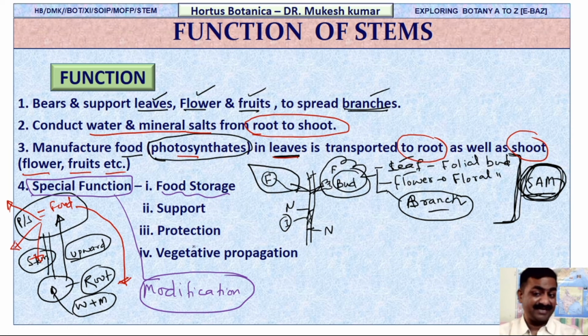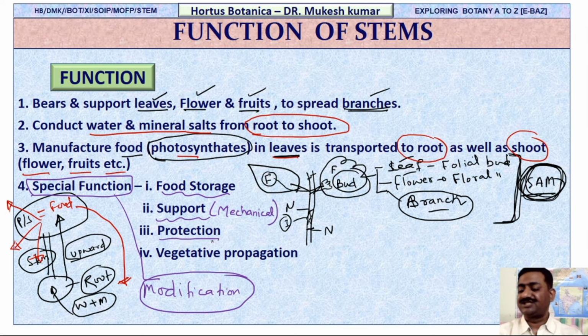So recall the causes of modification in the stem. First, yes, food storage. Remember, as we studied, the root was also modified due to food storage. Here also we have underground stems. They will execute their modification through food storage. Second, we have support, and it's called mechanical support. The stem will provide mechanical support to the plant.